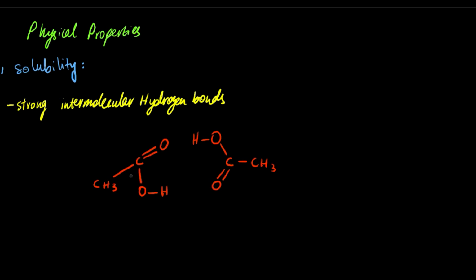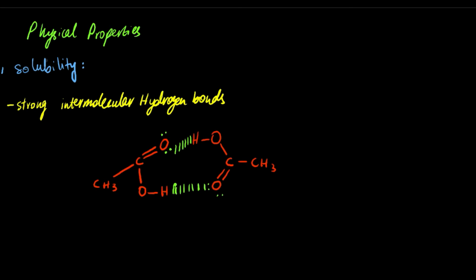We can clearly see that the oxygen over here would have two lone pairs, and that would basically form a hydrogen bond with this hydrogen, and the oxygen over here also has two lone pairs, and that would form a hydrogen bond with this hydrogen, right?